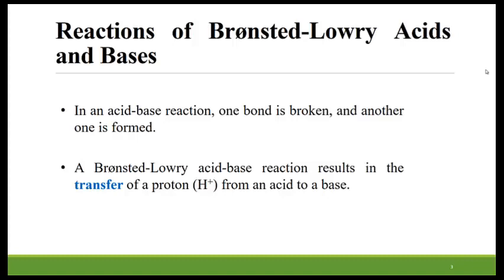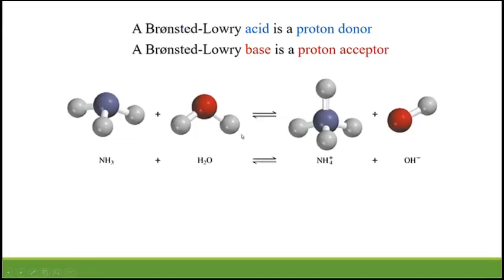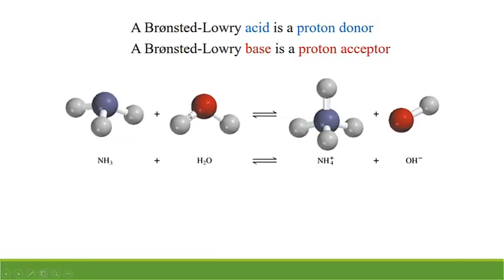So in a Bronsted-Lowry reaction, there is a transfer of a proton from the acid to the base. Let's take a look at this example. NH3, remember, is the one base we've been talking about that doesn't have hydroxide in it. Just looking at them, we can probably predict that this is going to be our acid. Remember we said acids generally start with H, and bases are going to have hydroxide. Well, this is our exception, as we said.